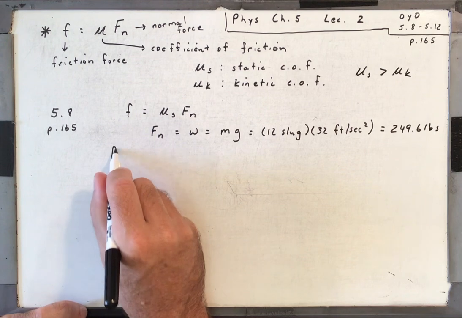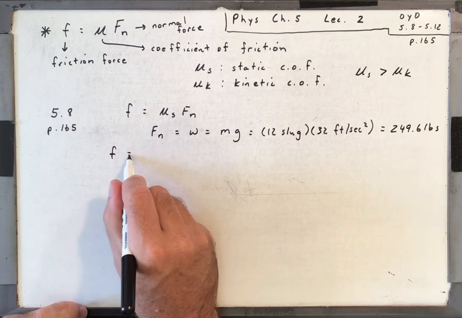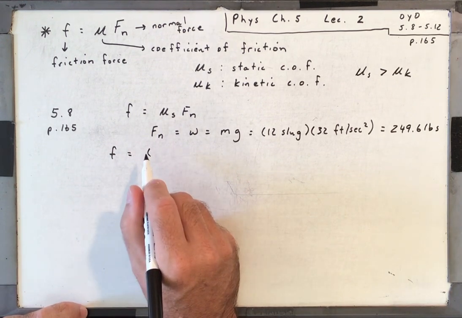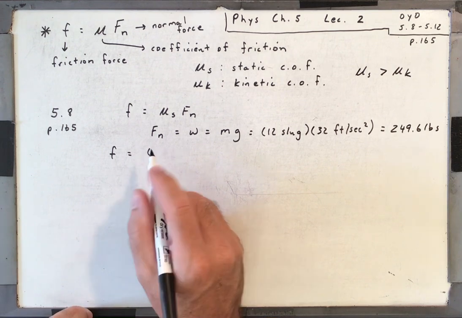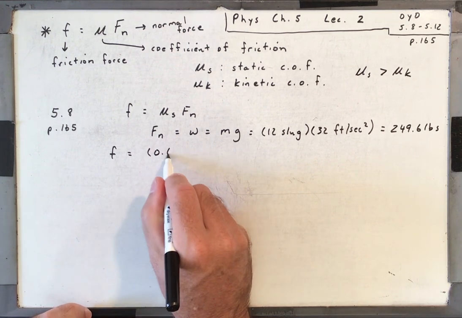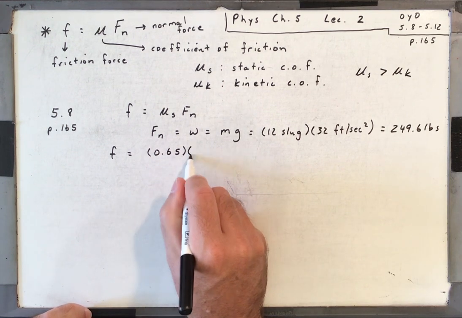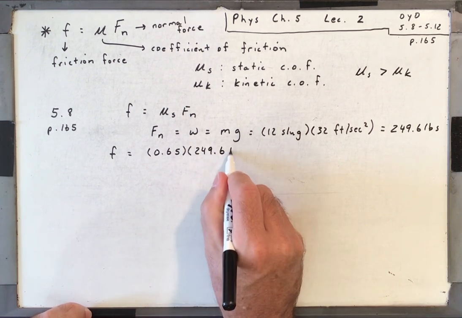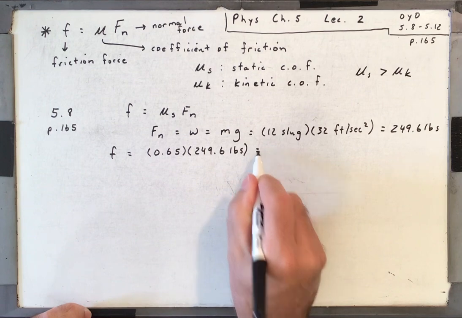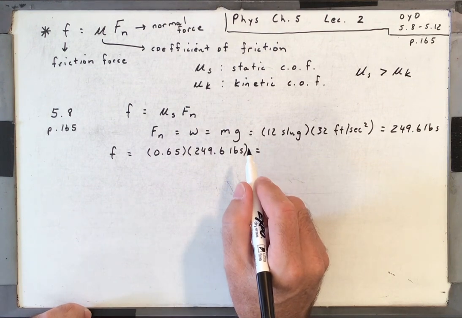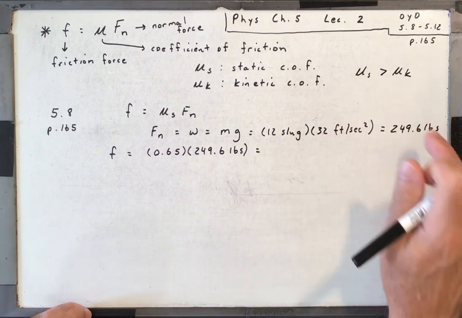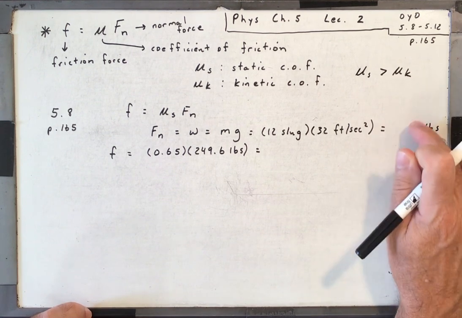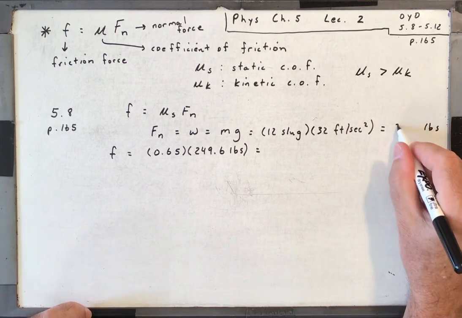So our frictional force is equal to the static coefficient of friction, which in this case from the book, 0.65, just from the problem, times 249.6 pounds. Excuse me, I'm so sorry. That's 384 pounds.